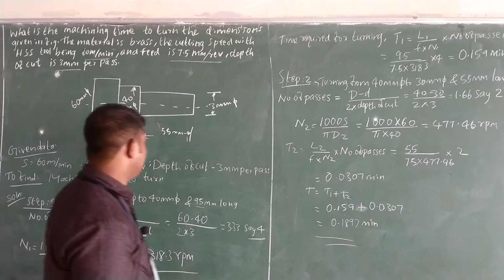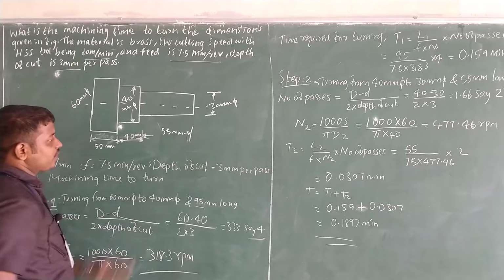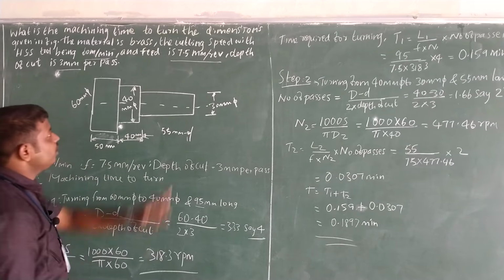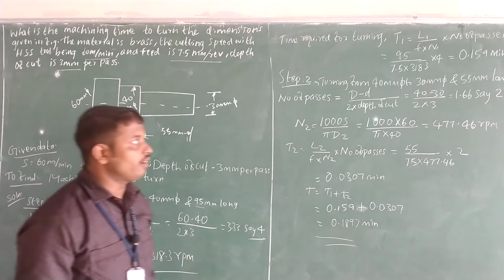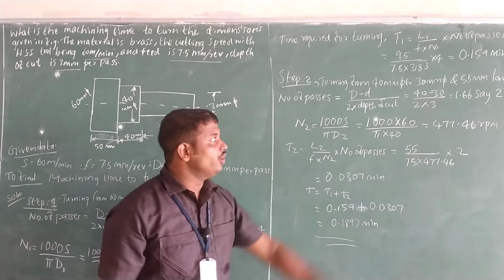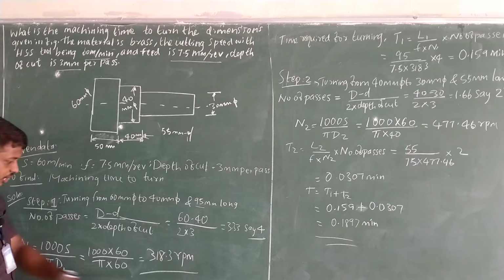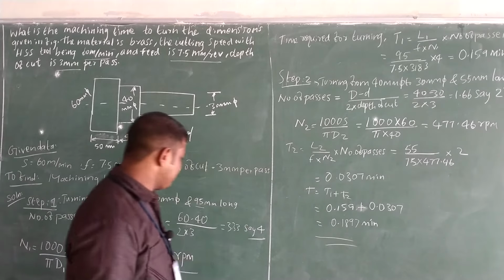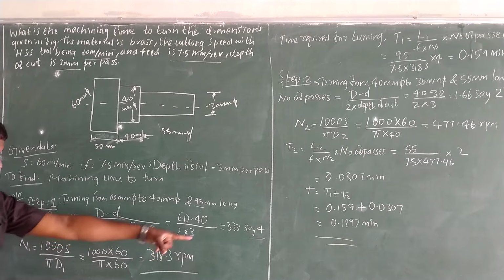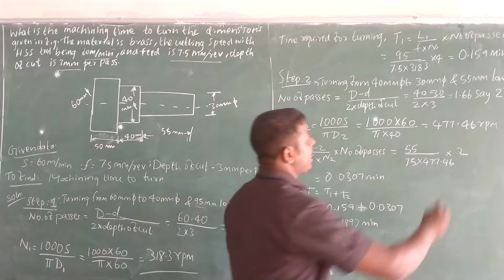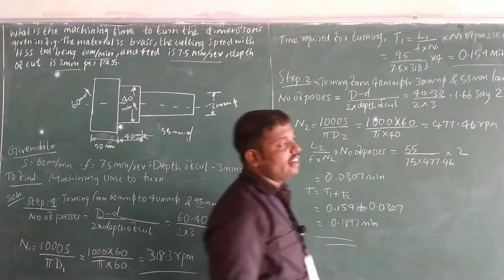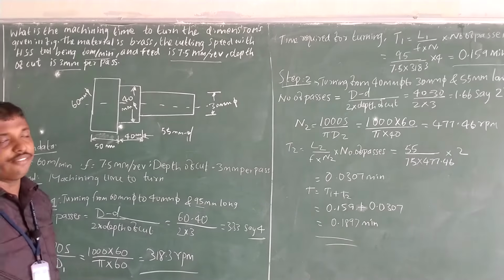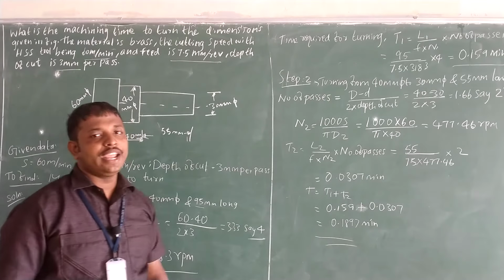Here L1 is the length, 40 plus 55, so 95, divided by the feed, 7.5 mm per revolution, into N1, which is 318.3 RPM, into the number of passes, which is 4. Substituting, 0.159 minute is the answer for T1, the time required for turning 60 to 40 with length 95.